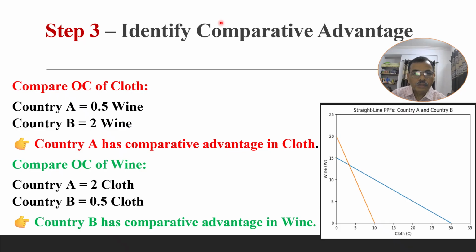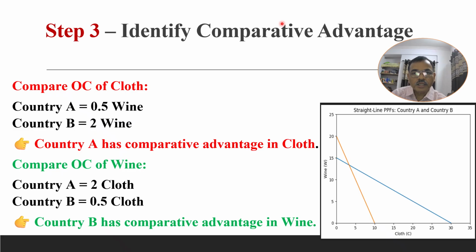Since 0.5 units of cloth in country B is less than the 2 units of cloth in country A, therefore country B has comparative advantage in wine. Therefore, country A specializes in cloth, country B specializes in wine.